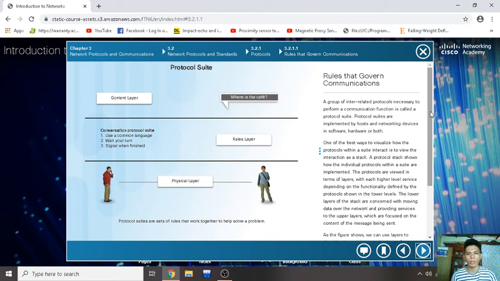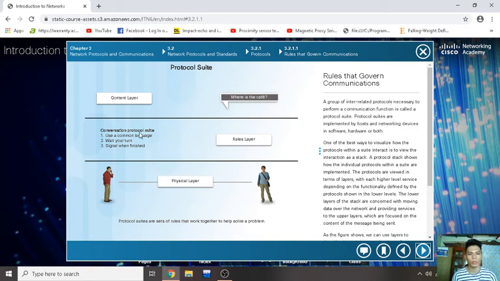So we have the protocol suite. It uses a common communication language, with a return signal when finished, across the layers, including the physical layer.